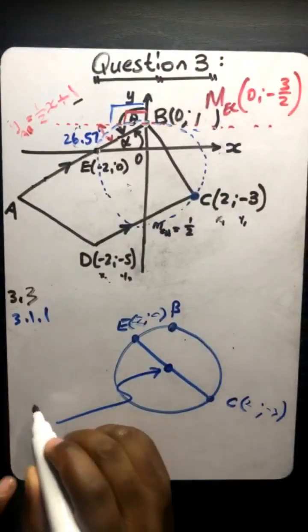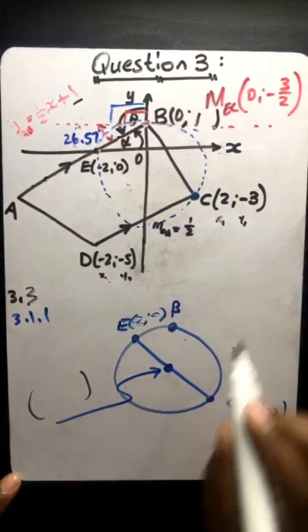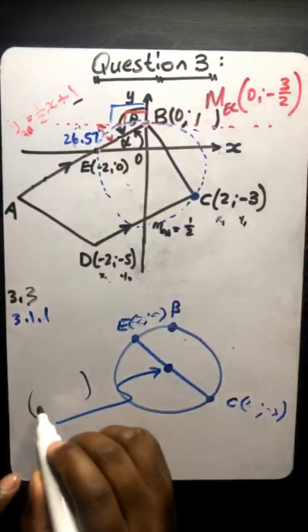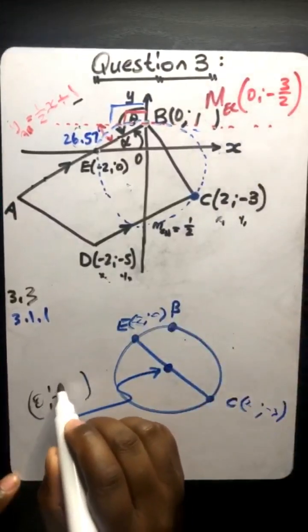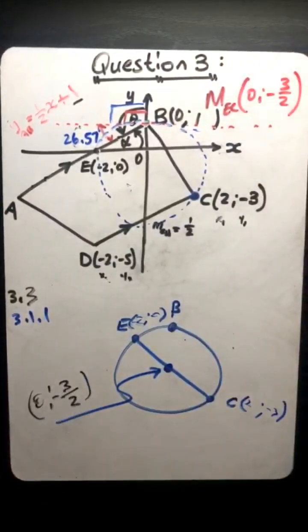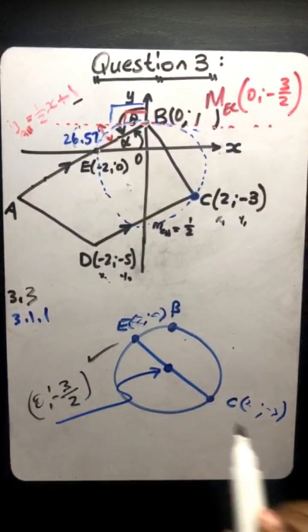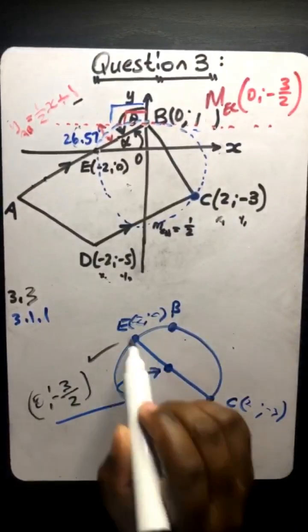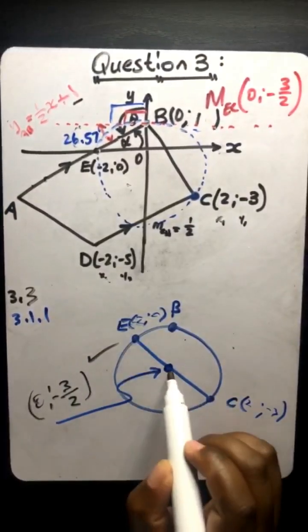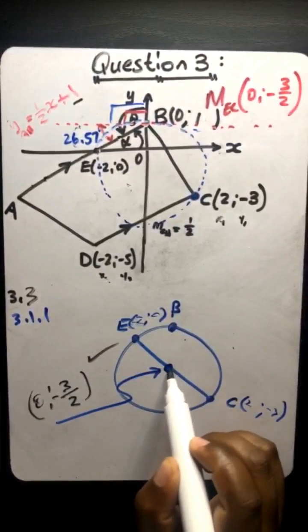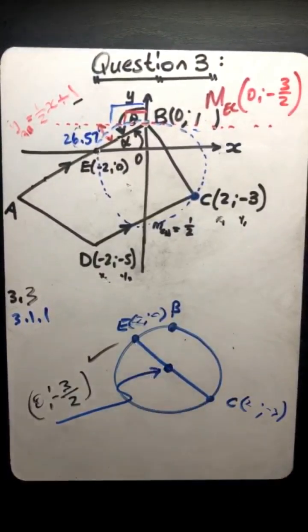That means the coordinates at the center is that one there, which is 0 and -3 over 2. Can you see? That's why it's even allocated a mark. So you just need to remember that this is actually the diameter, and then you can use the midpoint to determine the coordinates at the center of that circle.